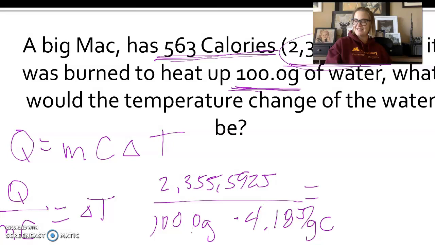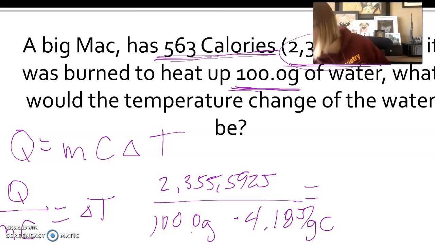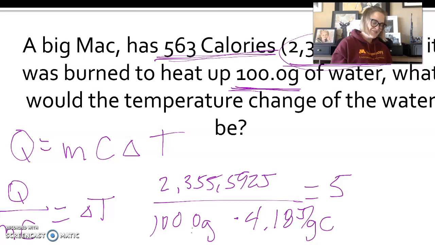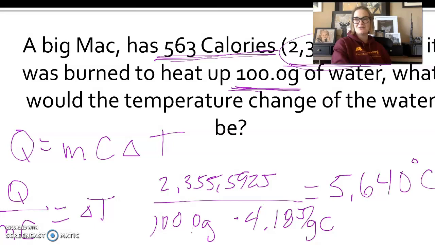When I do that, I get that it would change in temp by 5,640 degrees Celsius, which isn't even possible. It would completely vaporize all the water.